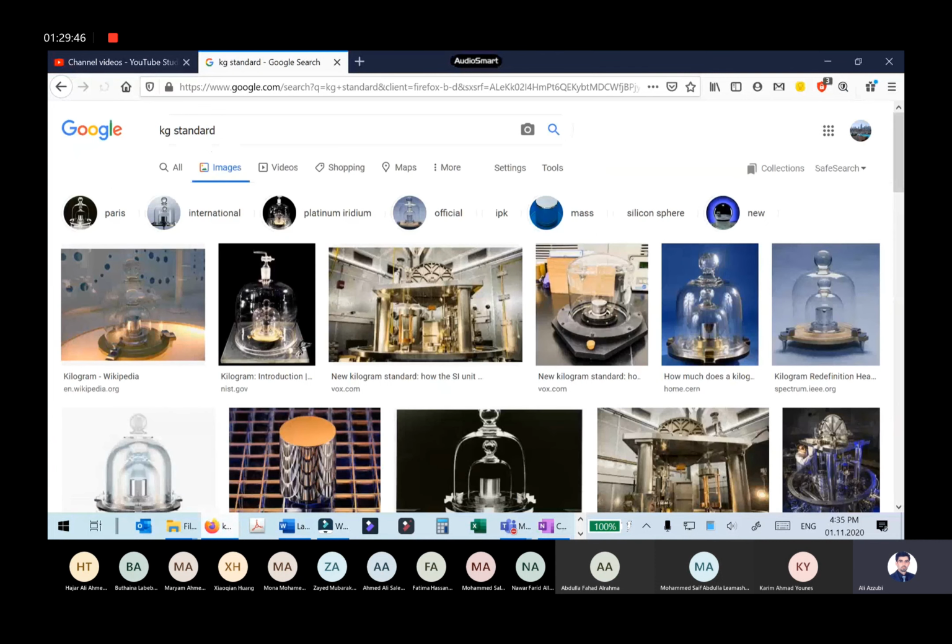Now the standard is actually the body or the object that has been used in order to define this unit.